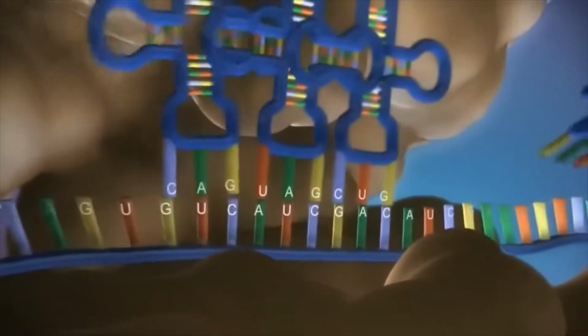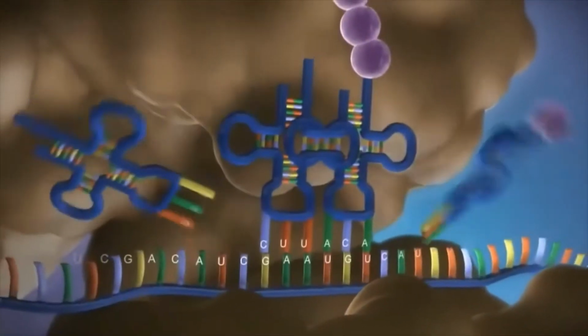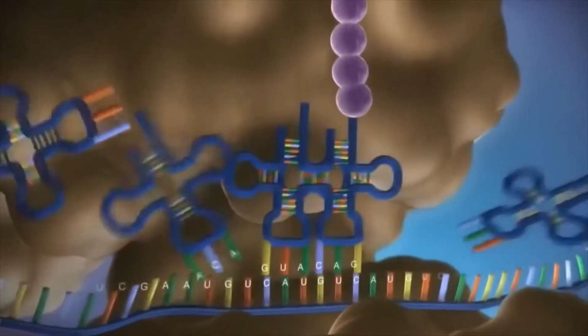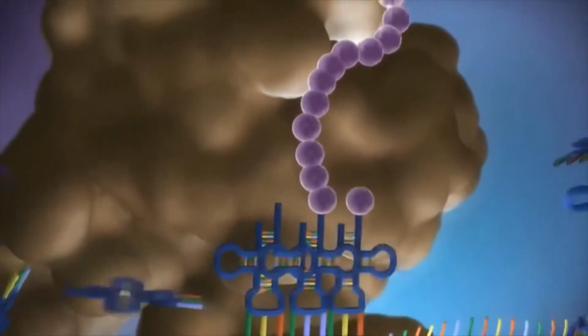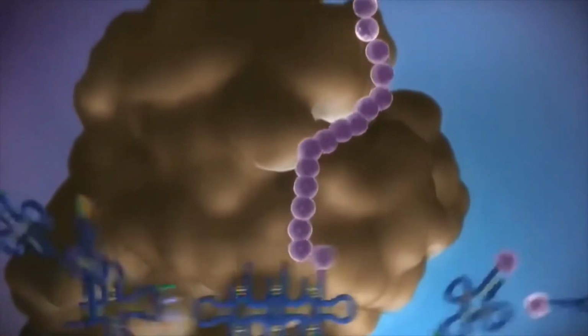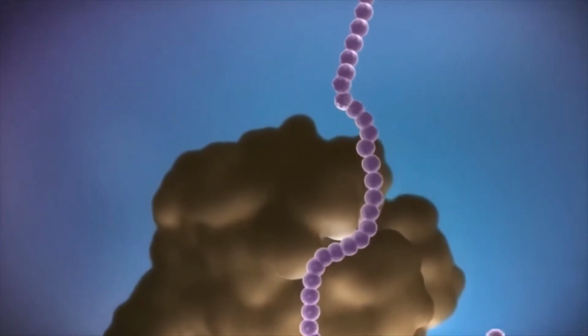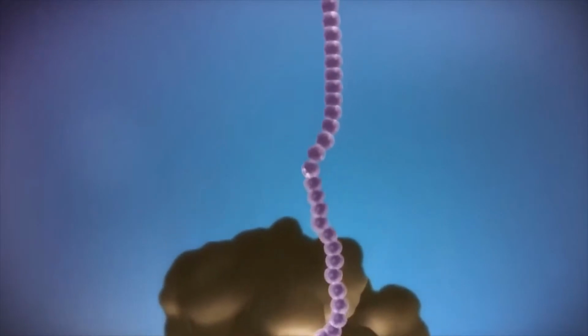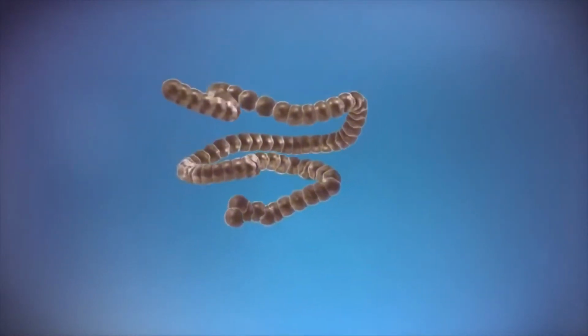As each triplet is read, a transfer RNA delivers the corresponding amino acid. This is added to a growing chain of amino acids. Once the last amino acid has been added, the chain folds into a complex 3D shape to form the protein.